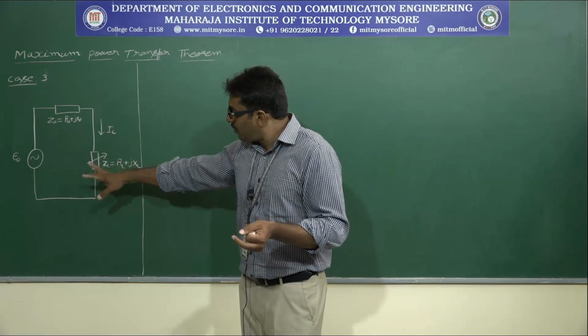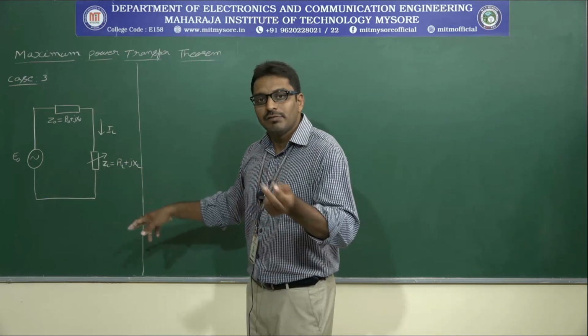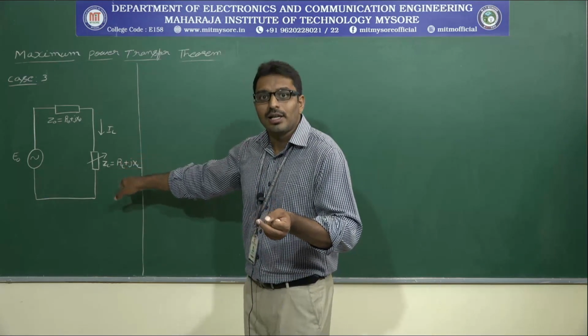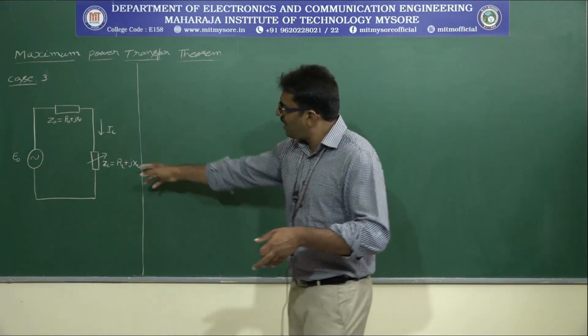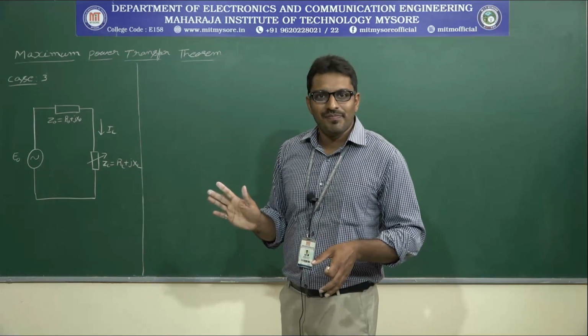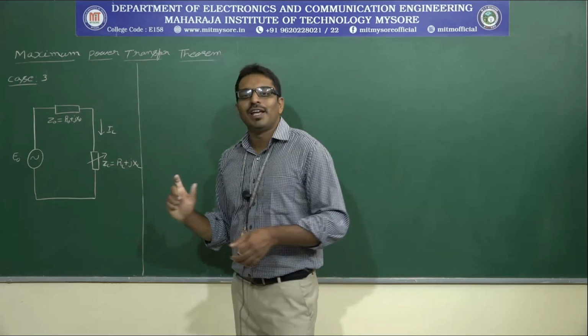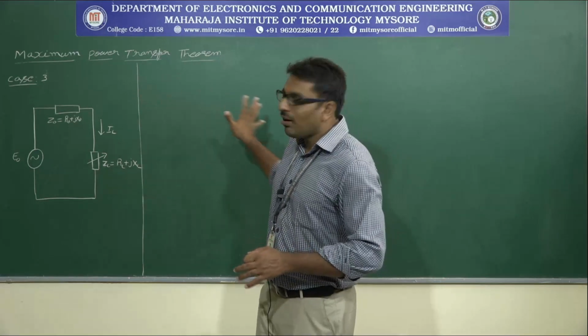Anyhow, in order to prove entire ZL is variable, means both RL and XL is variable, directly we are substituting that condition. So in same way, in between I will prove only when XL is variable what is the condition, and only when RL is variable what is the condition. So at a time I will try to cover all the three cases.